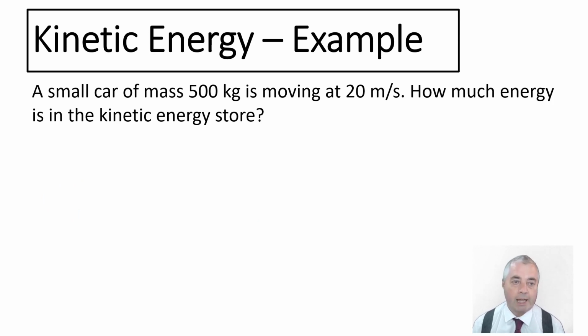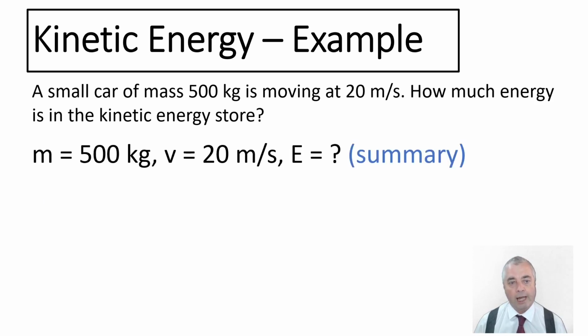So here's the question again. The first thing to do is to write a summary of everything that's in the question. And that's what a summary looks like. I've read the question and it tells me that the mass is 500 kilograms. So I've written M is 500 kilograms. It says the object is moving at 20 meters per second, because I know about units.